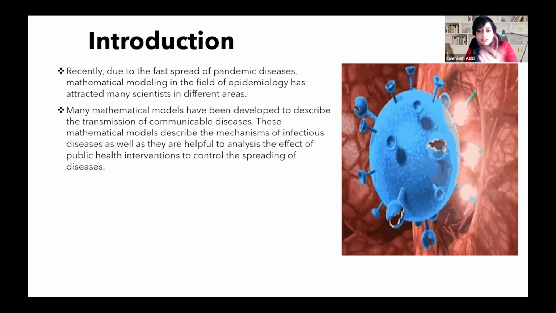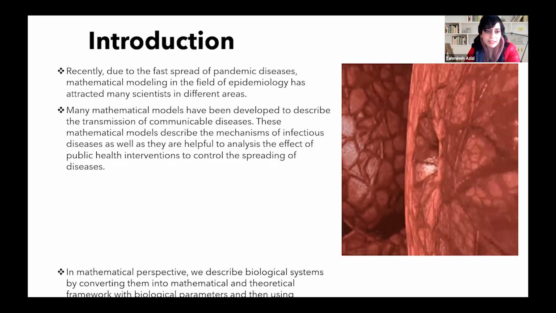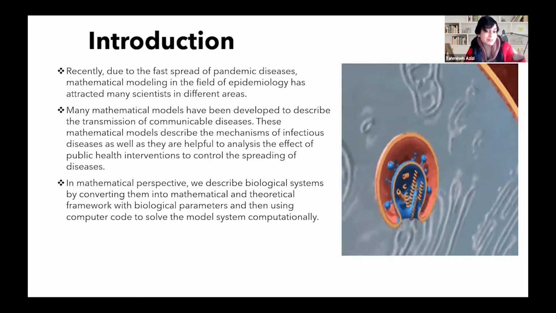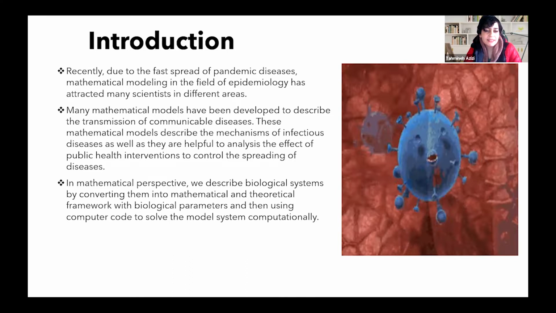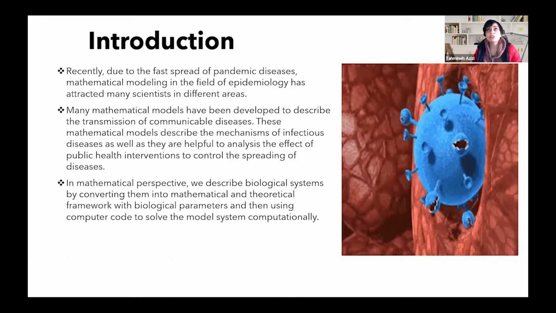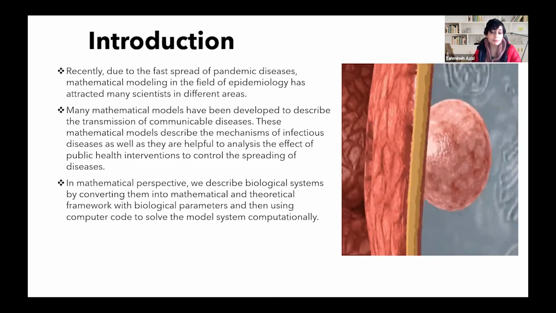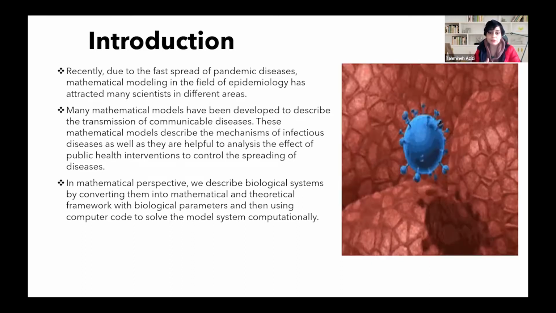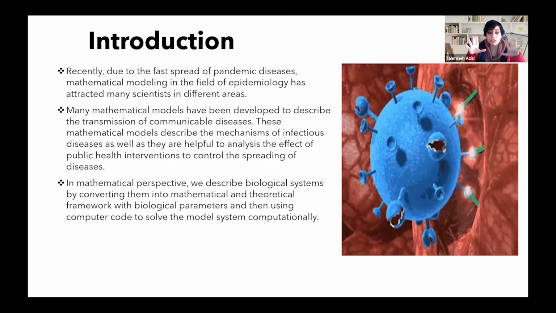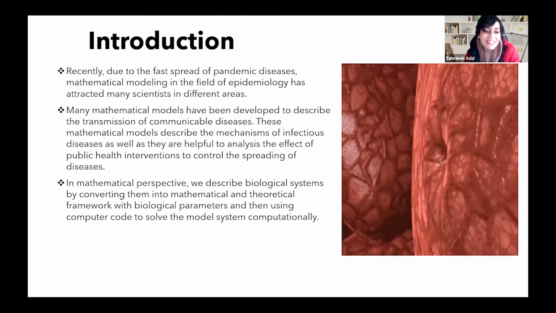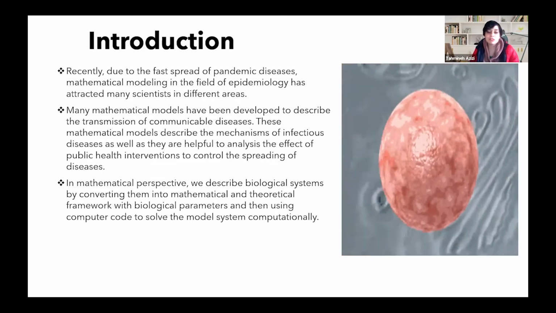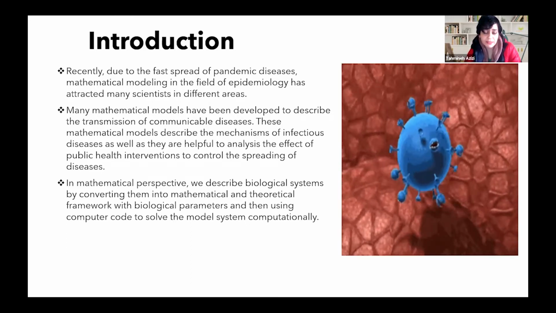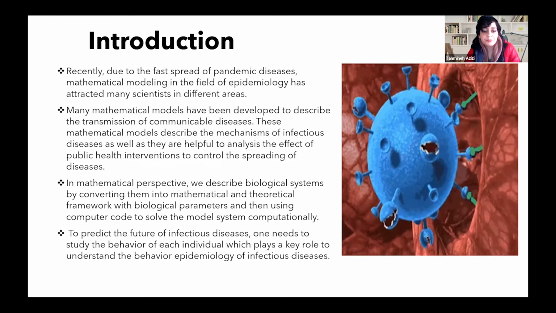This time I'm going to talk about just vaccines, how we control disease using vaccines, and how we can mathematically describe that. From a mathematical perspective, we describe biological systems by converting them into a mathematical and theoretical framework, and we keep the biological parameters the same, and we use simulation to analyze the model and system computationally.